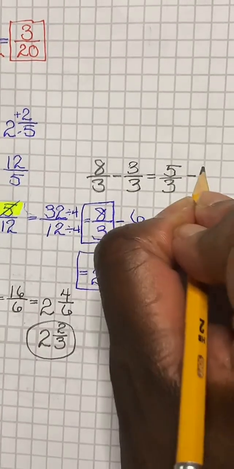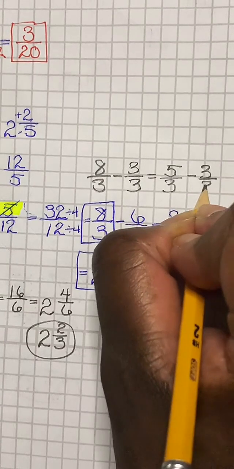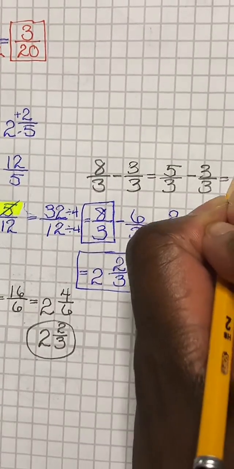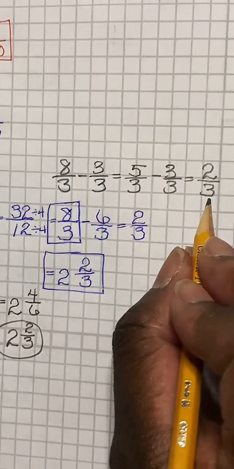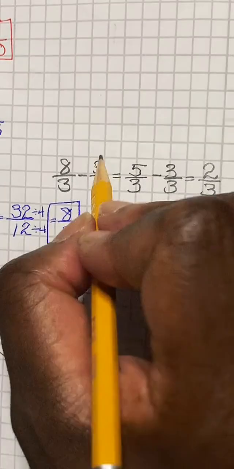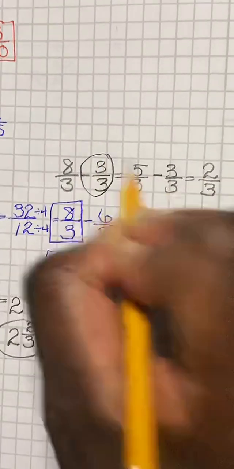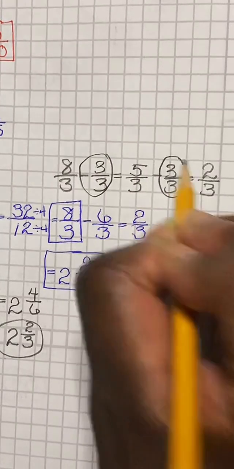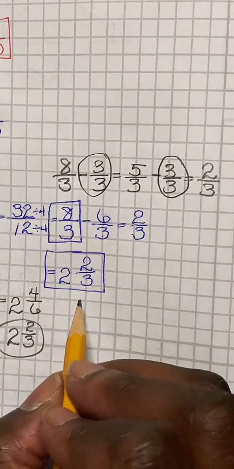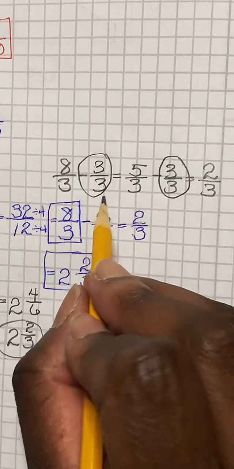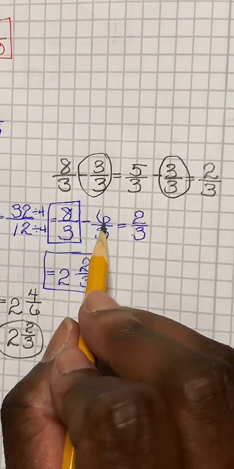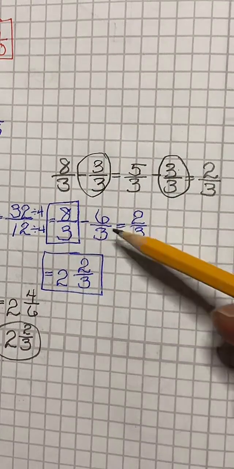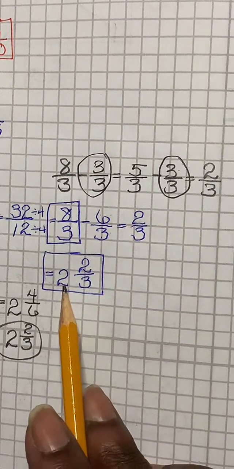So if I subtract 3 over 3, I will get my 2/3, which is a proper fraction. So that means I took out 2 whole numbers. So in order for me to do that, if I have the same denominator, 3 plus 3 will give me 6. So 6/3 is equivalent to 2.